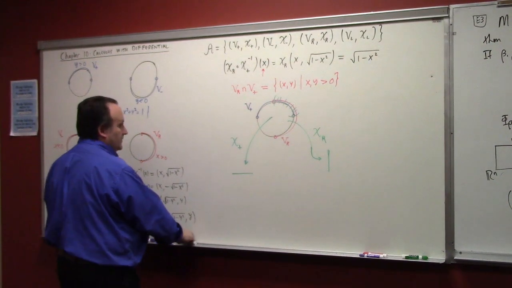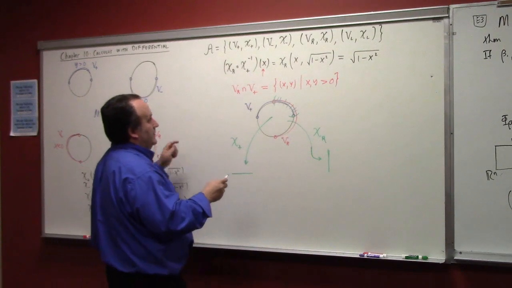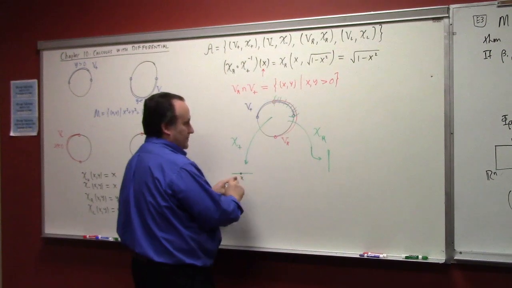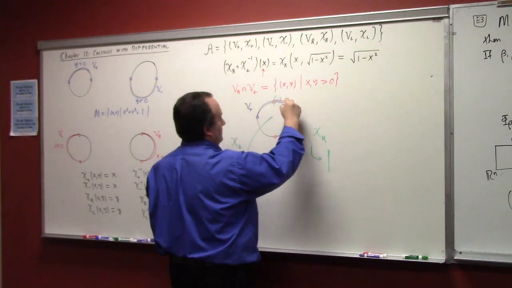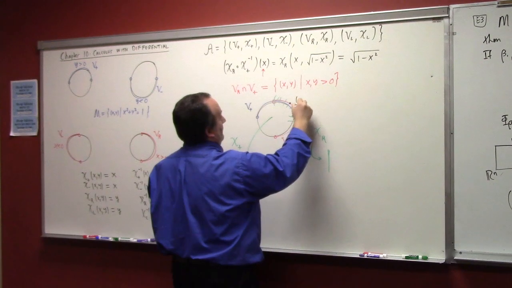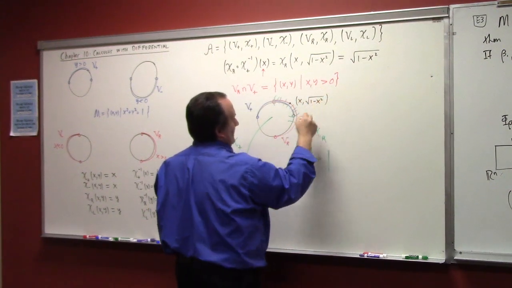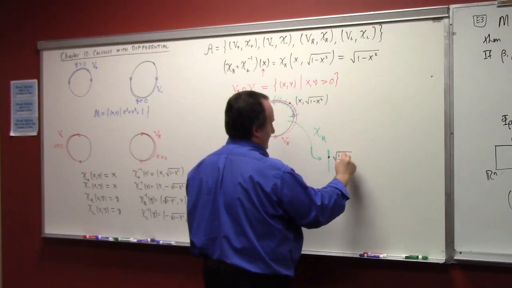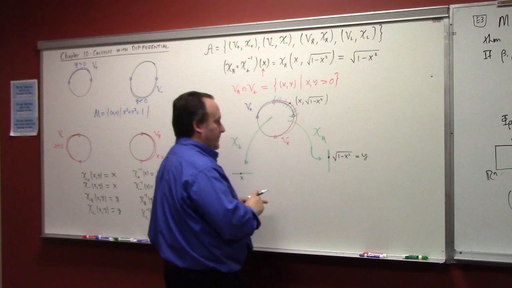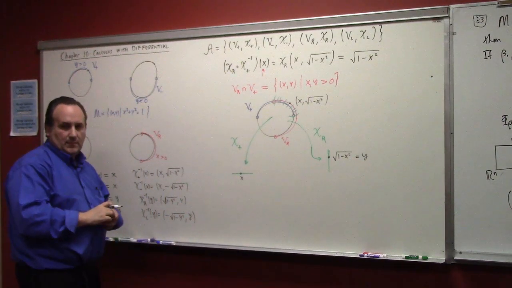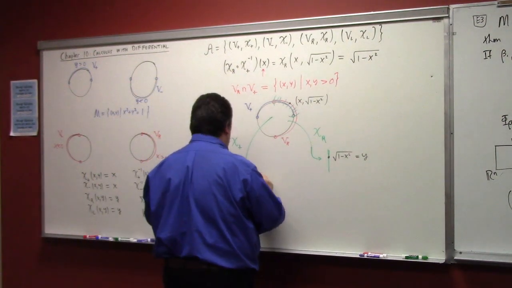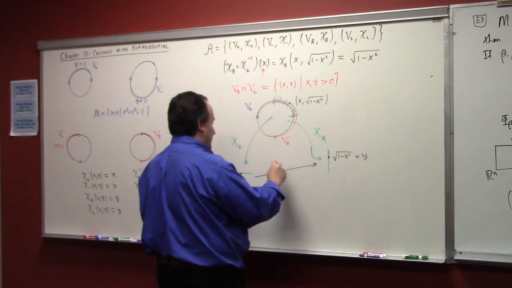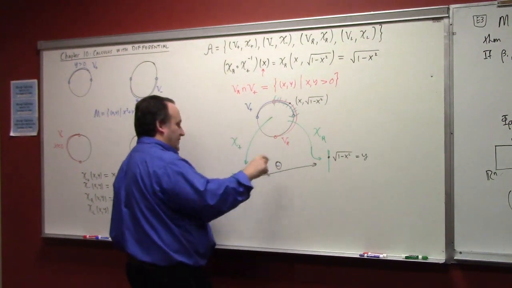All right, so chi plus inverse takes an x down here, and it maps it up to here, and then down here. And so the mapping x maps over to the square root of 1 minus x squared is the quote-unquote theta, the transition function.